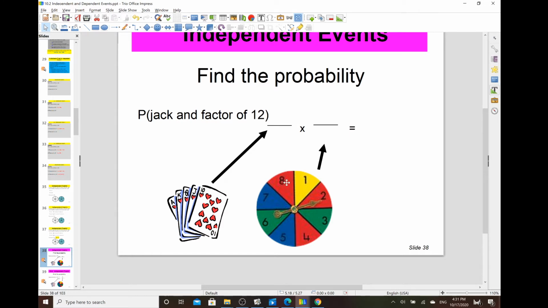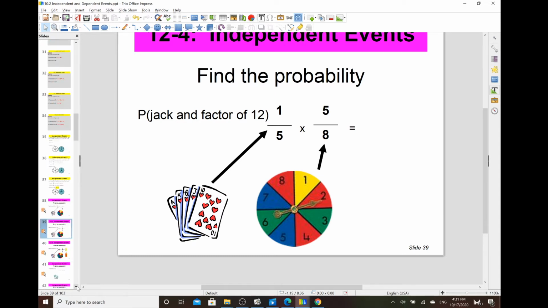So it's 5 over 8. So 1/5 times 5 over 8, cross cancel, we get 1 over 8. Again, if two events are not related, we just multiply the probability of each event. So it's 5 over 40, reduced, it's 1/8.